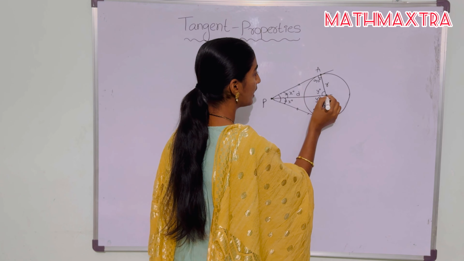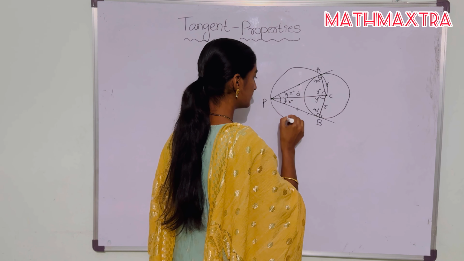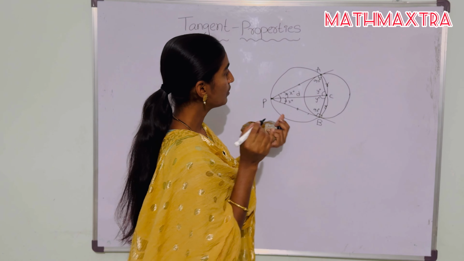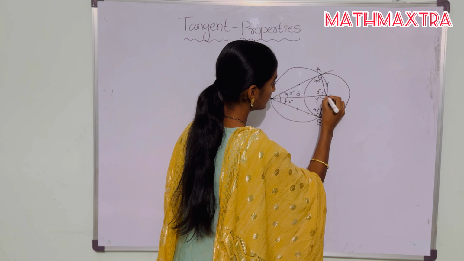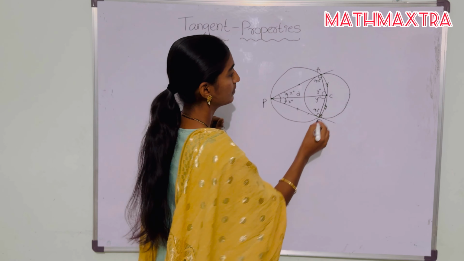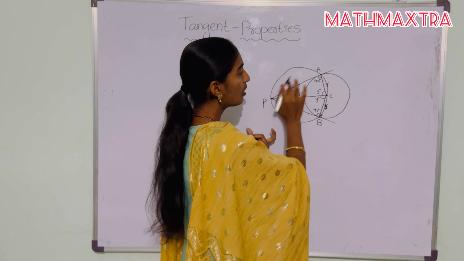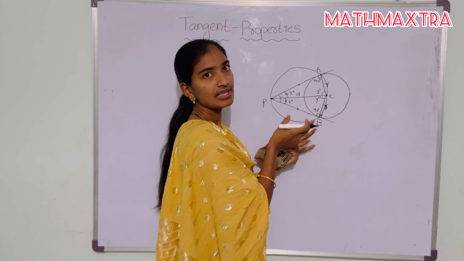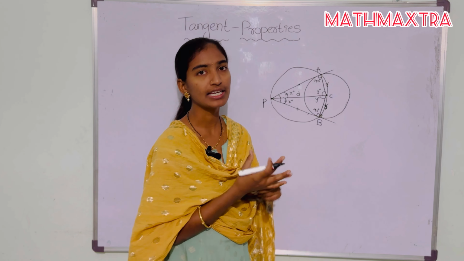Means if you draw a circle like this, through all the vertices of this quadrilateral, those four vertices lie on the same circle, then we call this quadrilateral a cyclic quadrilateral.